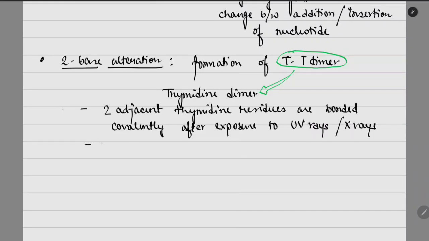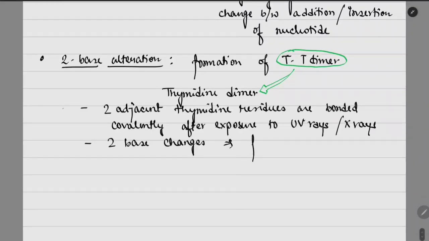This can lead to two base changes, and these two base changes can lead to some kind of frame shift mutation. I will discuss the frame shift mutation in the mutation topic. Okay, just right now we remember this name. So this is the thymidine dimer, two base alteration.